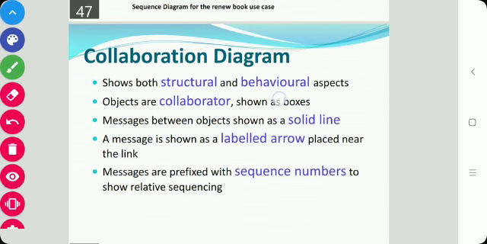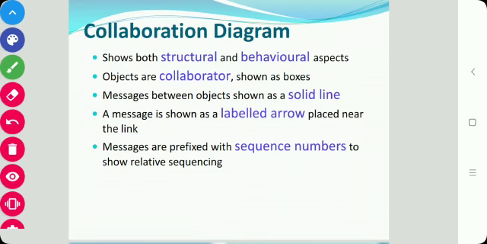Next is collaboration diagram. This collaboration diagram shows both the structural as well as the behavioral view of the system, unlike the sequence diagram. The sequence diagram only shows the behavioral aspect, but the collaboration diagram shows both structural as well as behavioral.